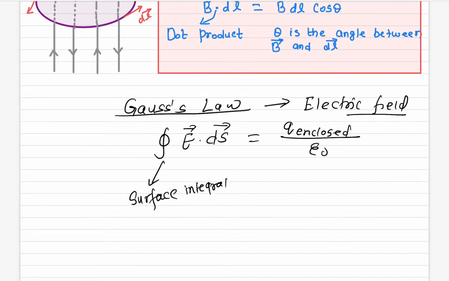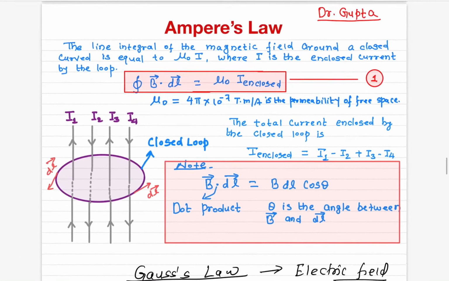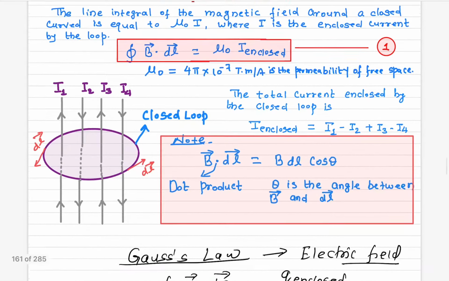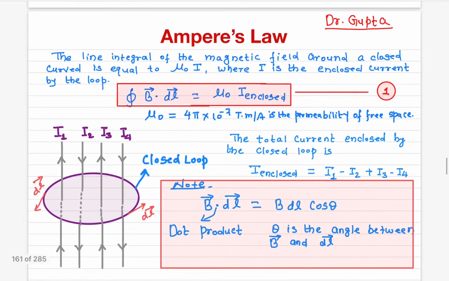And what does it tell you? That the total flux, the E vector times dS vector, is equal to the total charge enclosed by the surface divided by epsilon naught. So if you are familiar with Gauss's law, Ampere's law is very similar. Gauss's law is used to find the electric field due to a charge or charge distribution.